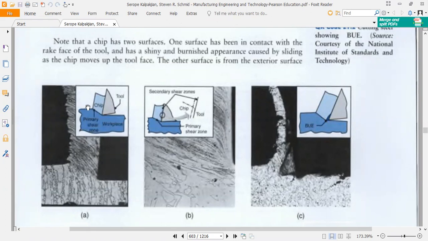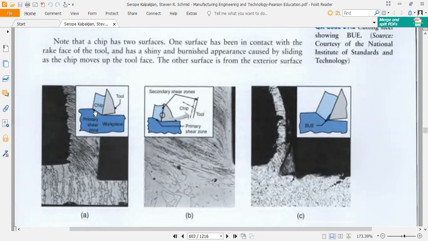When the chip is removed from the original workpiece, it comes in contact with the rake face of the tool. As the chip has a very high temperature, the temperature of the tool that is doing the shearing process also increases. So in between the chip and the tool, a zone is created in which the chip adheres to the tool.